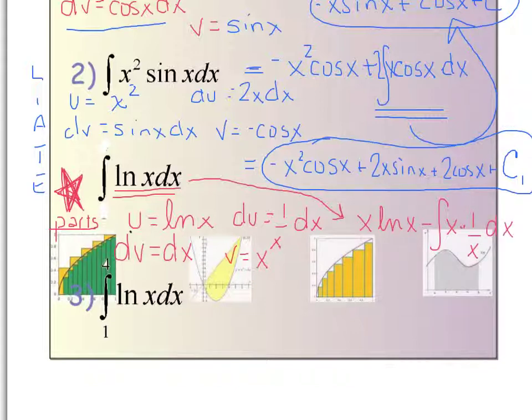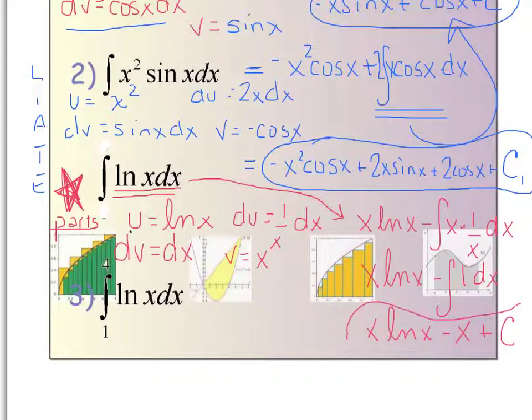But that becomes x ln of x minus the integral of 1 dx. But the integral of 1 dx is simply x. So add our constant, and we have the integral of natural log of x is x ln of x minus x plus c.